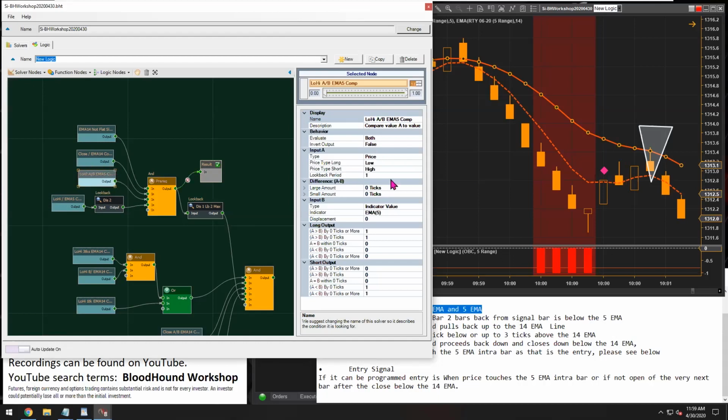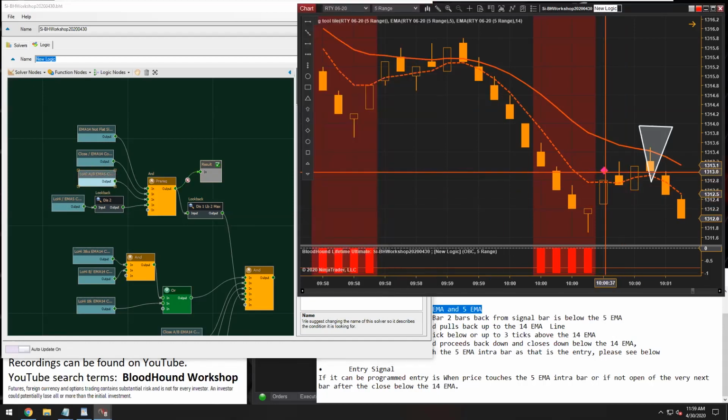There we go. That solved it. That got rid of that prerequisite signal from this bar here.